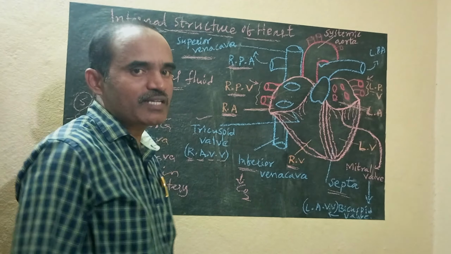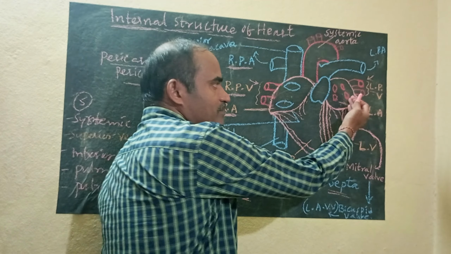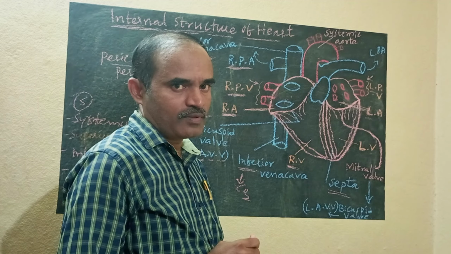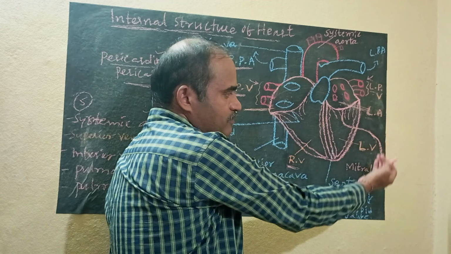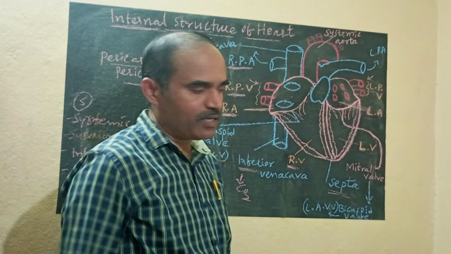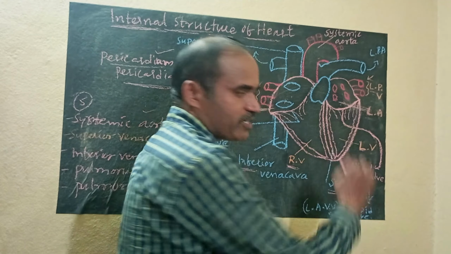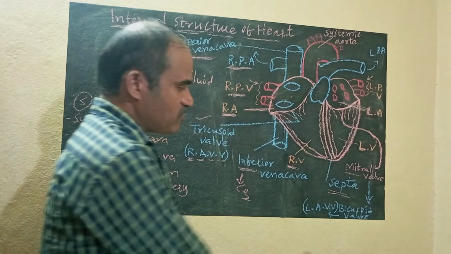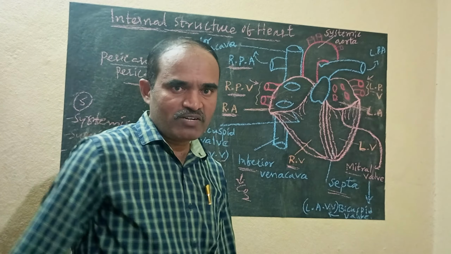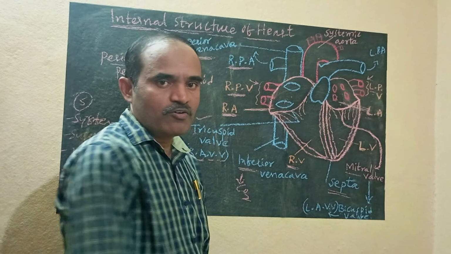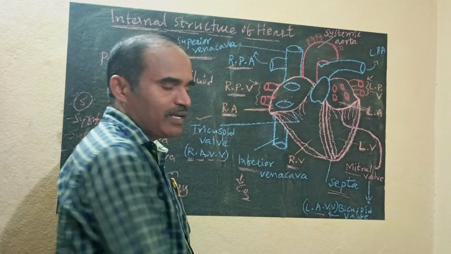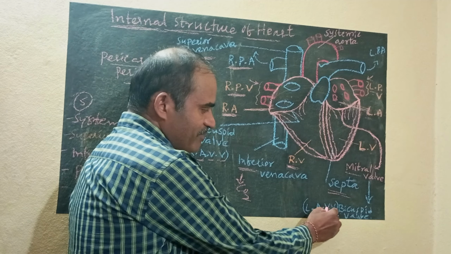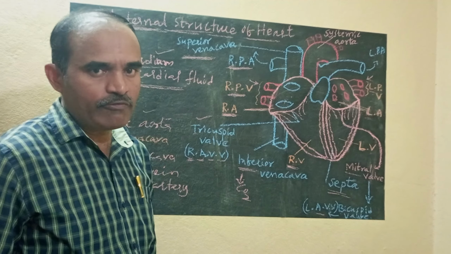The valve is present on the left atrioventricular septum between the left atrium and left ventricle. It is called the mitral valve, also called the bicuspid valve or left atrioventricular valve.